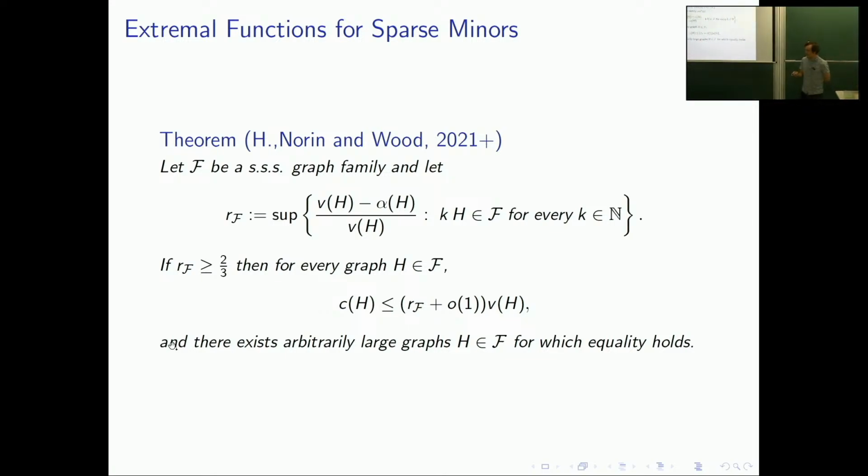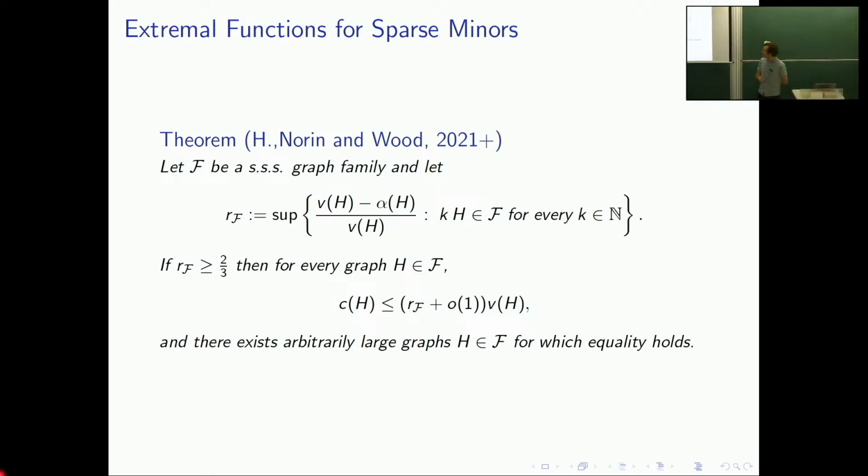So if you have a class of graphs which is closed under taking disjoint unions, you can just ignore this condition that kH is in F for all k and H. But for technical reasons, we need to include it if we want to talk about all sparse classes.